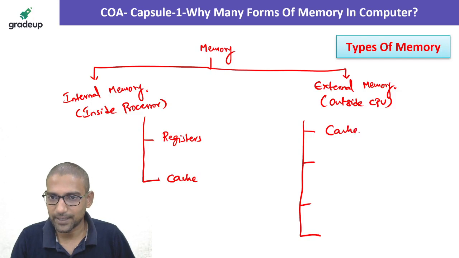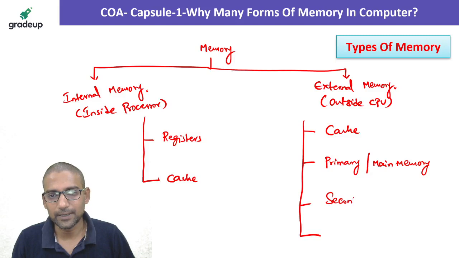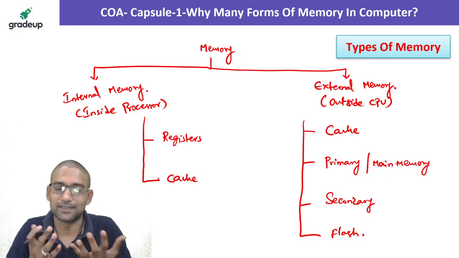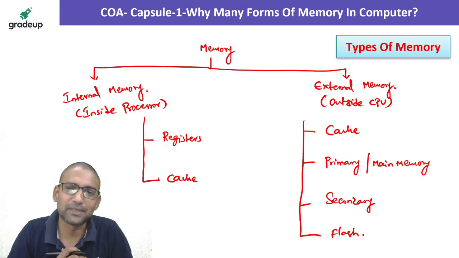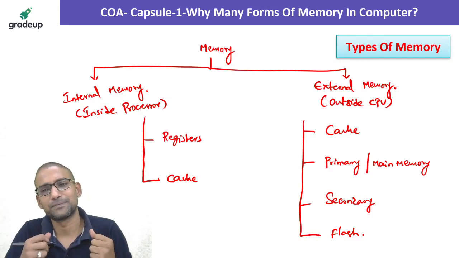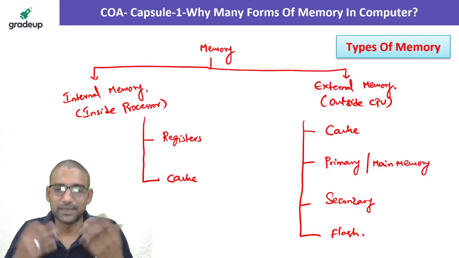Again, cache memory, primary memory, this is famous as main memory, secondary memory, and flash memory. So you might be wondered by looking at these many forms of memory, why to have these many forms? Definitely you might have thought of.